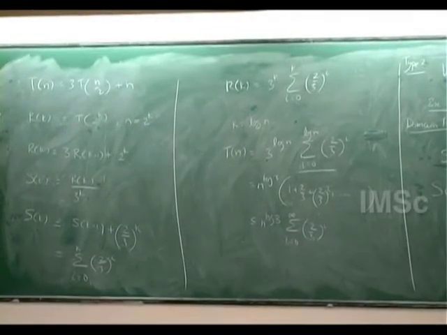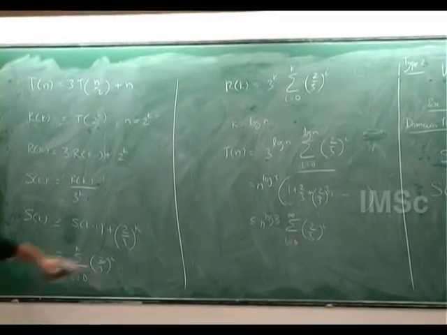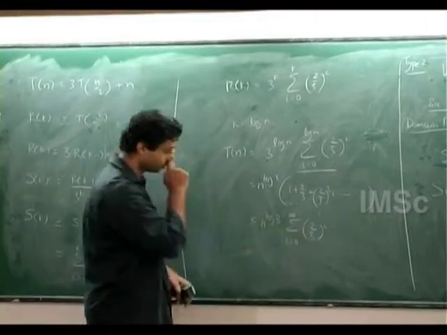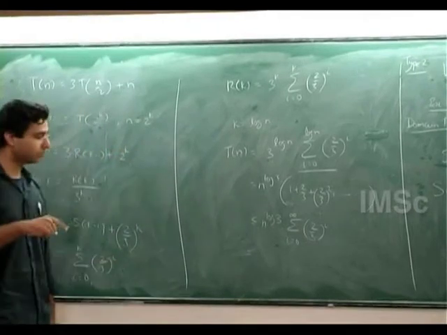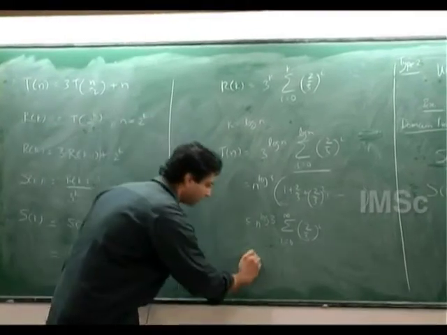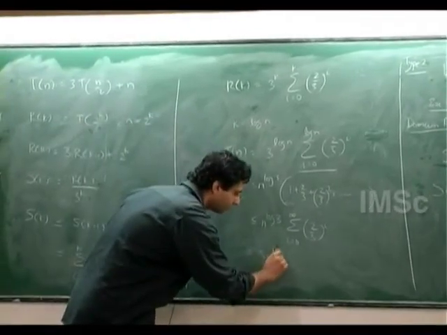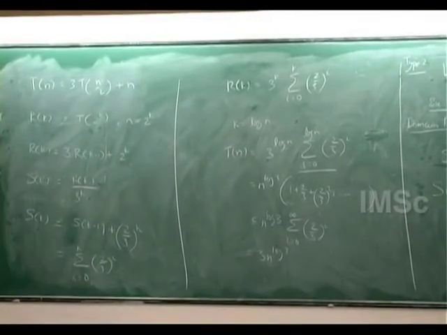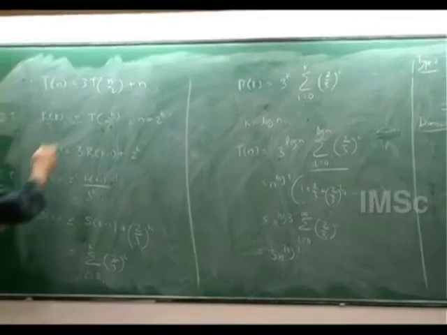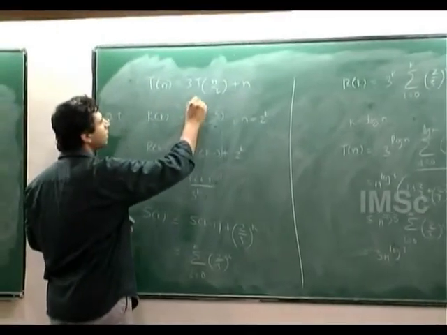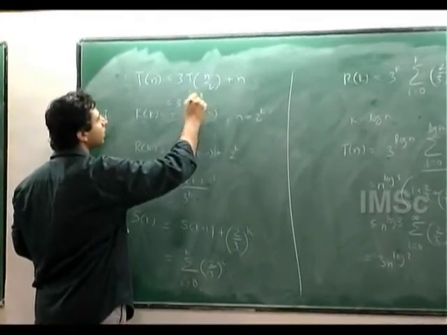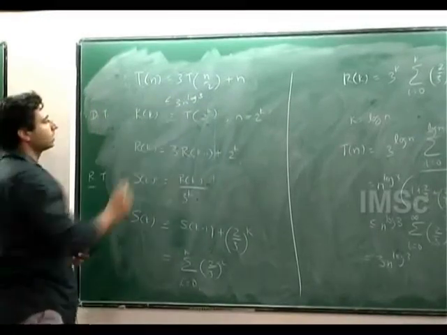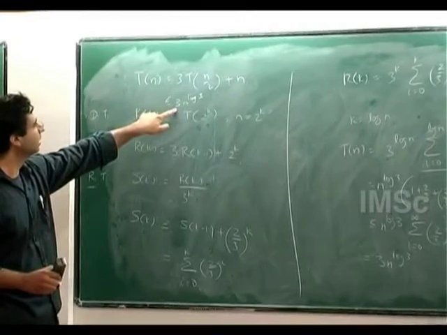I am just overestimating. It's a geometric sum, it doesn't do much harm. And what is this geometric sum? This is 1 upon 1 minus 2 by 3, so that is just 3. So the solution for this is T of n, or you can say it more precisely, it's less than that.